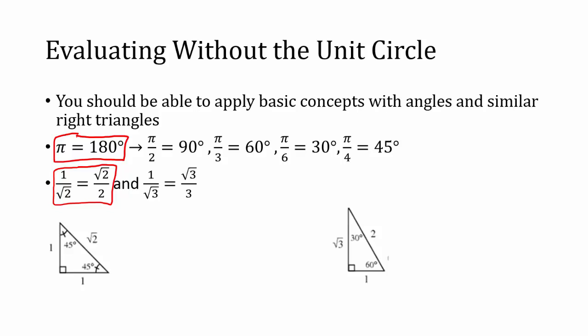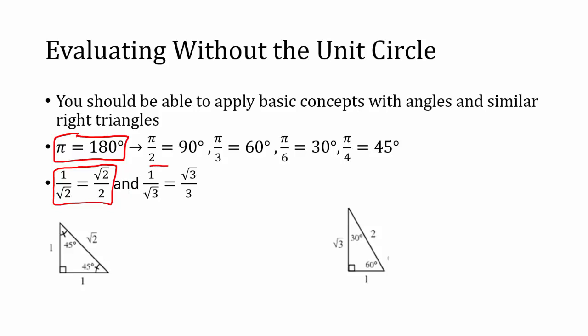Do 1 divided by root 2, see what you get. Do root 2 divided by 2, see what you get. You could also check that this is a true statement: if I cross multiplied here, I would get 2 equals 2. That's a true statement.